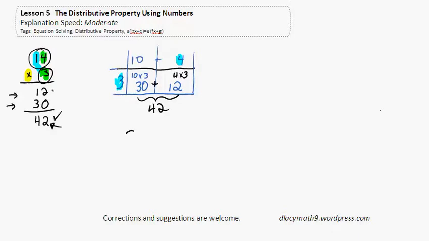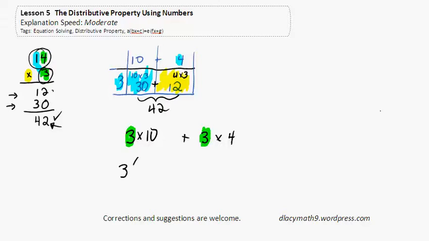can be found by going 3 times 10, that was the first one, and then adding that to 3 times 4, that's the second one, 3 times 4. Now look where that 3 is down here. It's once, it's twice. We've multiplied the 3 as follows.